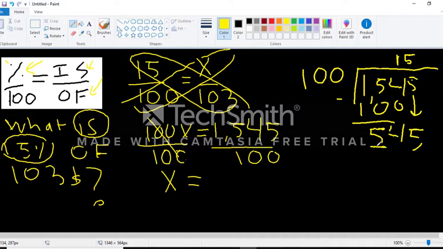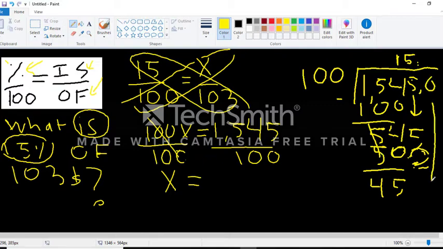Awesome. 500. We know 5 times 100 is 500. And we're going to subtract that, which is 45. 100 cannot go into 45. So let's bring a little decimal down here. Add a 0. And let's bring this down.